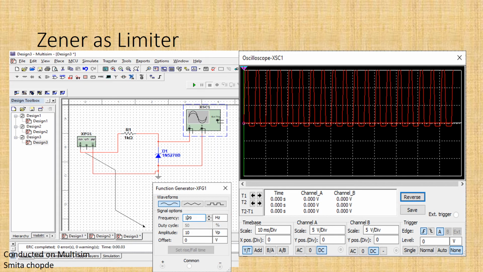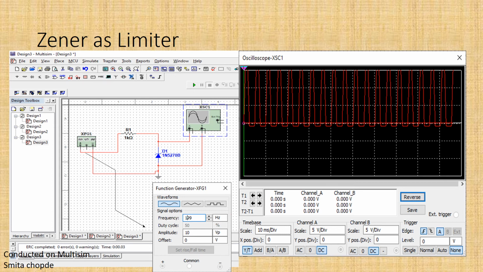Now this is the application of the Zener as a limiter. What I am doing here is trying to find out the limitation of the Zener. In this particular problem, I have considered the Zener 1N5270B. Input resistance is 1 kilo ohm, and try to find out how it is limiting the output voltage.